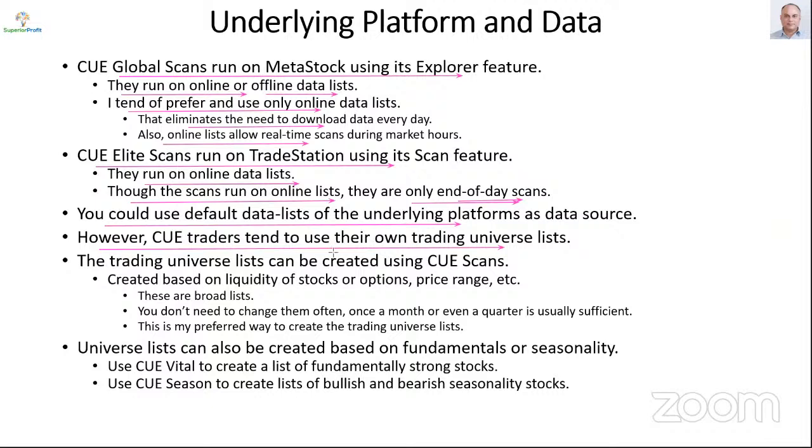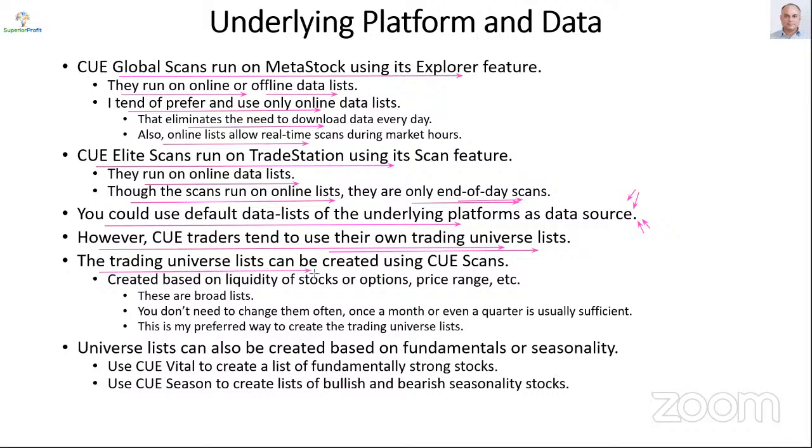So we all have our own preferences, trading styles, and we may create our lists based on that trading universe and not use the default data source, because most of the stocks in default data source are not tradable anyway. They are not liquid or don't meet our trading style.